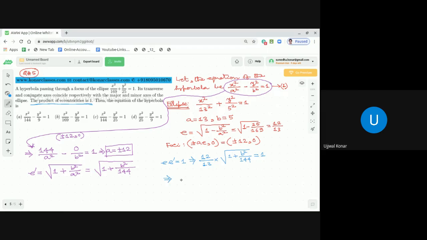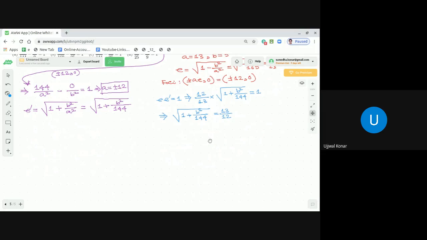So this implies 1 plus b square by 144 is equal to 169 by 144, because we are making a square of both the sides.